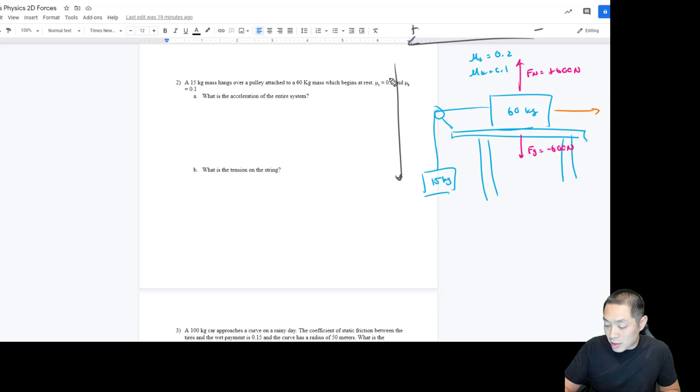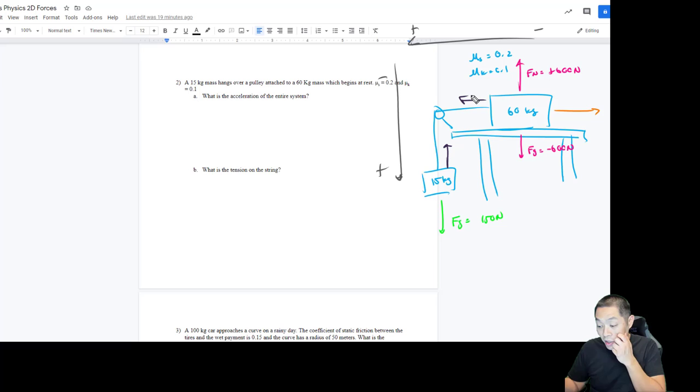So negative, positive, negative, positive. Here you have force of gravity, in this case 150 newtons. And then you're going to have tension keeping it up, and tension on this side.